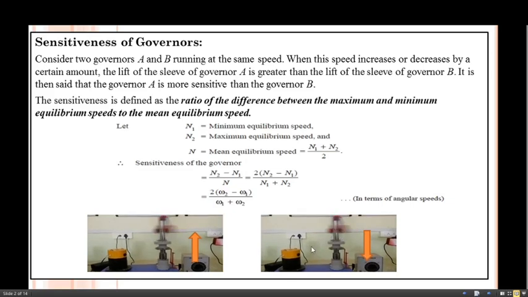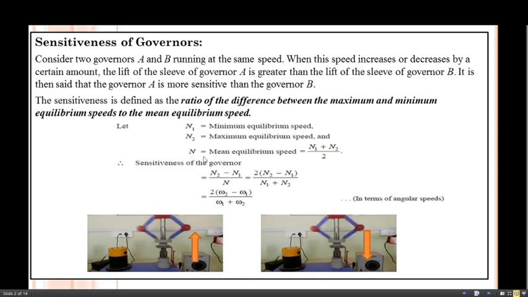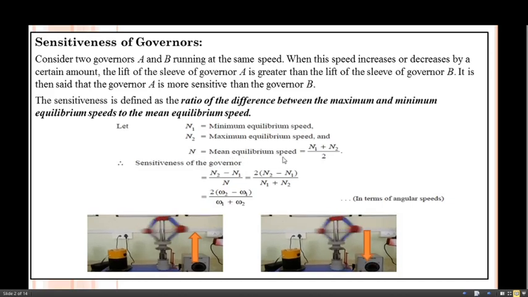The sensitiveness is defined as the ratio of the difference between the maximum and minimum equilibrium speeds to the mean equilibrium speed. Let us consider N1 as the minimum equilibrium speed, N2 as the maximum equilibrium speed, and N as the mean equilibrium speed.